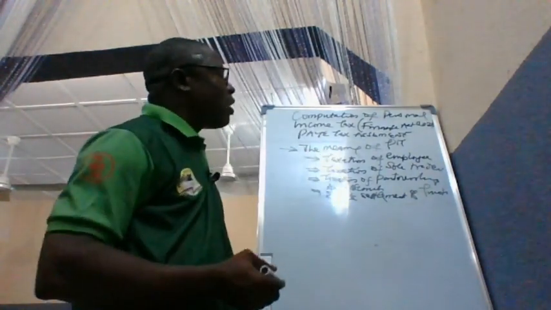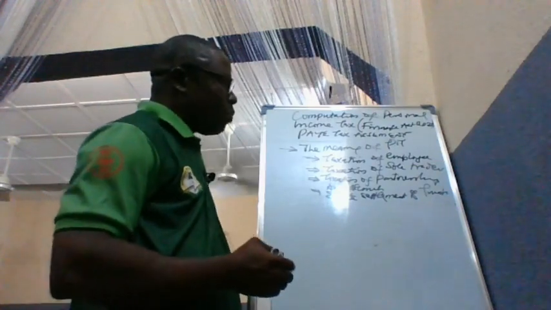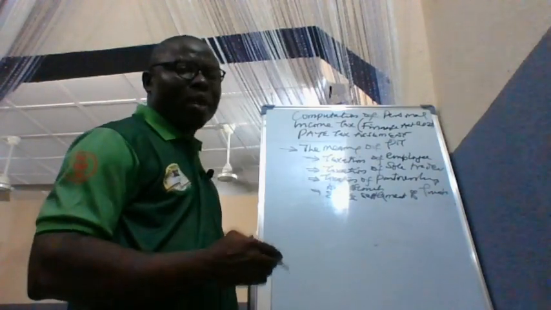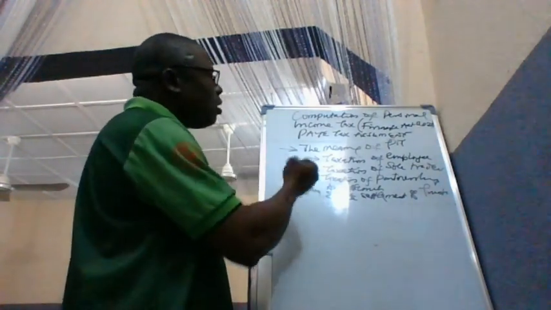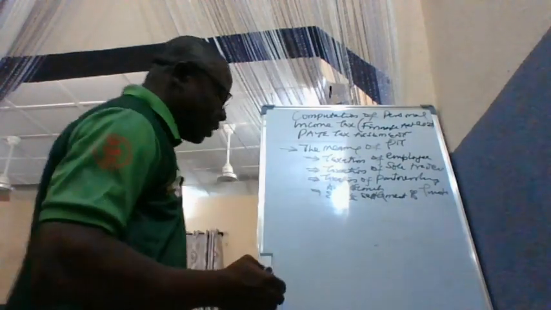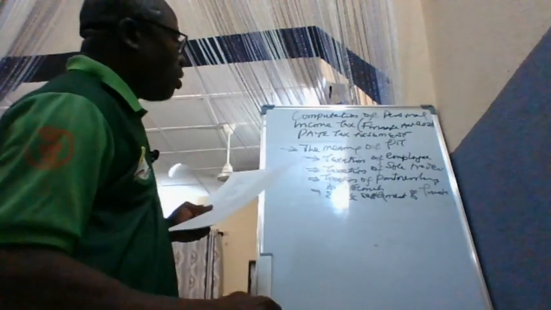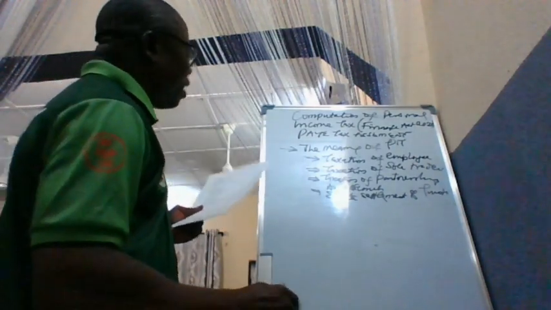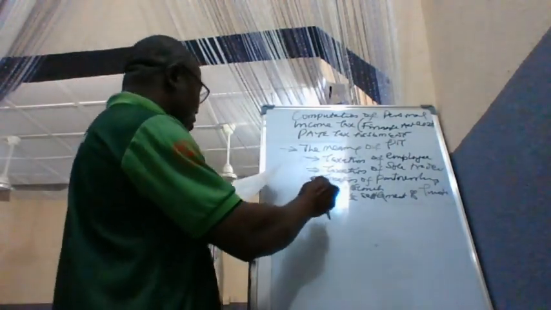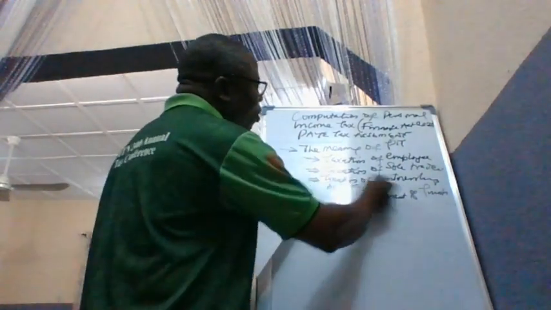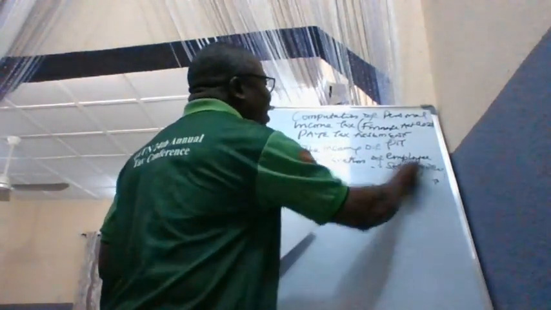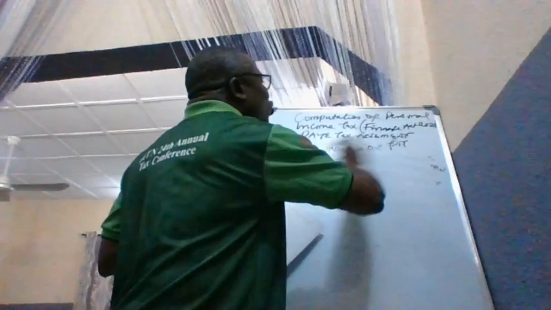And it looks at the taxation of partnership, the people that make up the partnership. And then we look at the estate settlement. Now we look at the personal income tax chargeable. What are those incomes that are chargeable, that should be subjected to tax?